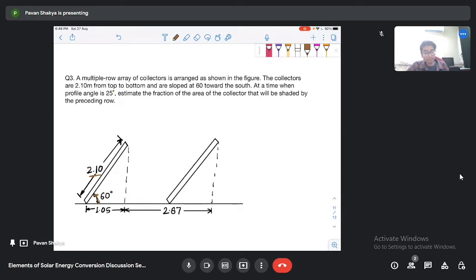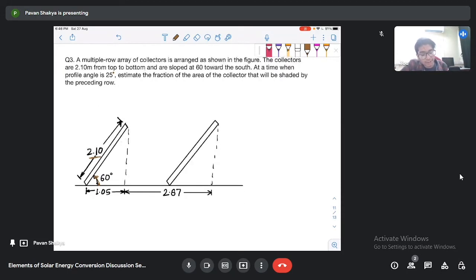So in the problem, the profile angle is given directly. Then it is asked to estimate the fraction of the area of the collector that will be shaded by the preceding row. Now you will see that this angle is 60 degrees.